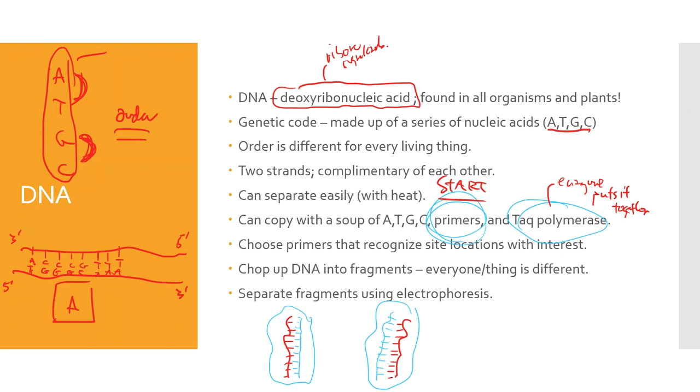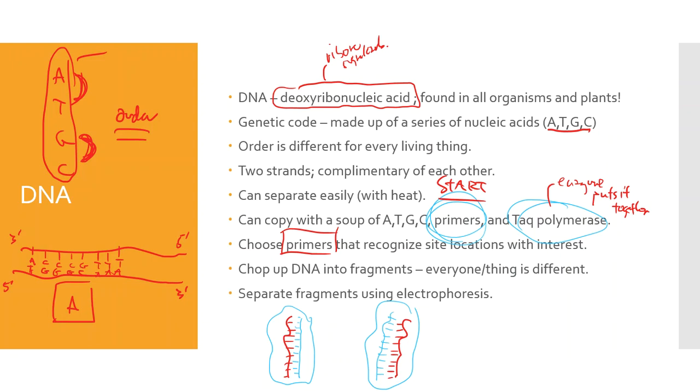Okay? Primers, there's tons of different primers that are out there. Primers are made in such a way so that you can target different areas of the DNA chain. As you would expect, not everyone is focused on the same part of a DNA chain of an organism.